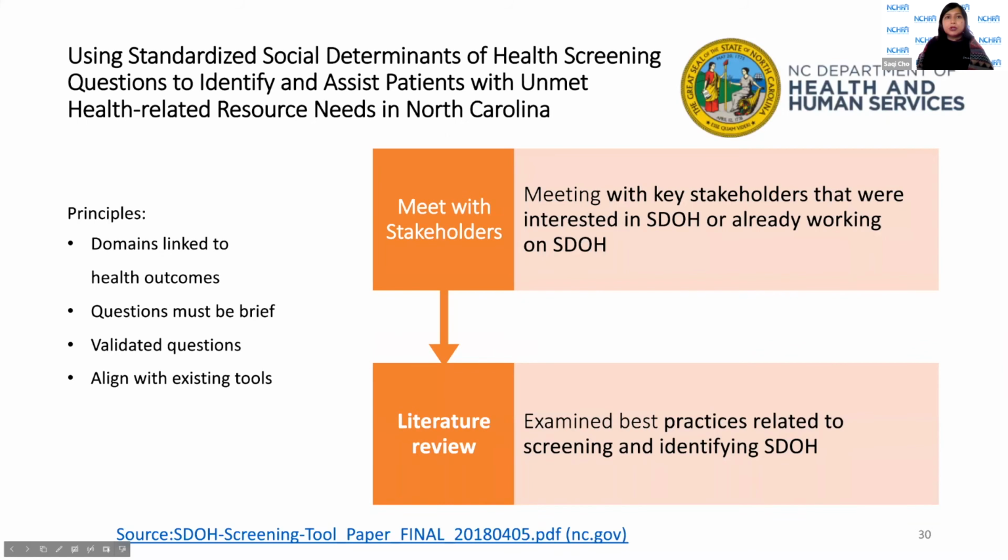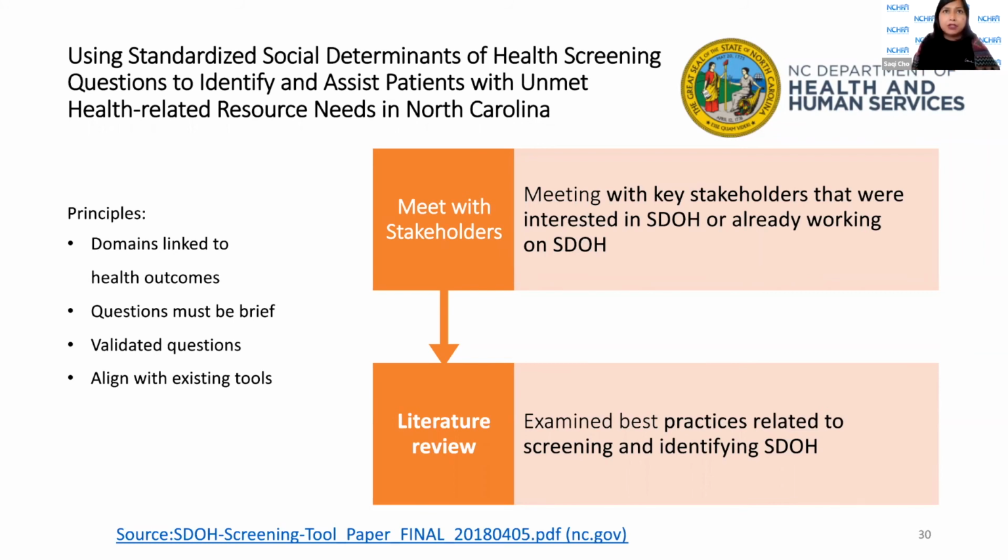So next, I'm just going to briefly go over the main steps that the NC Department of Health and Human Services went through when they adopted a standardized set of social determinants of health screening questions to identify and assist patients with unmet health-related resource needs in North Carolina. So the state of North Carolina engaged in a complete system redesign when they transitioned their Medicaid and Health Choice programs from fee-for-service to managed care.